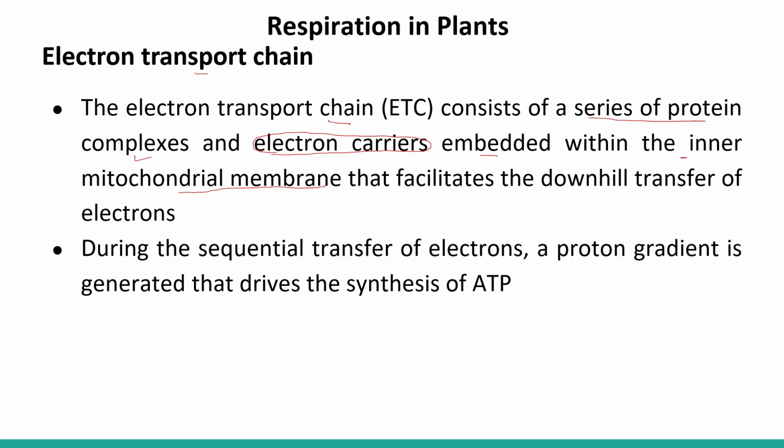These complexes and carriers facilitate the downhill transfer of electrons, and a proton gradient is created across the inner mitochondrial membrane that drives the synthesis of ATP.